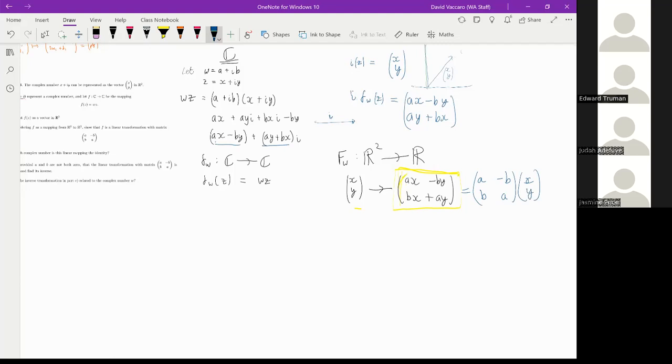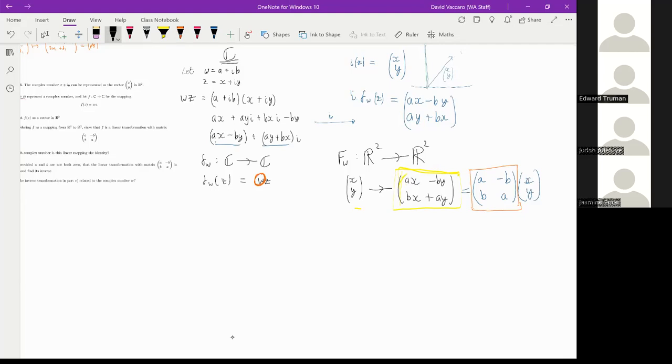So in some sense, multiplication by w in the complex plane does the same thing as multiplication by this matrix when we think of complex multiplication as a mapping from R2 to R2.